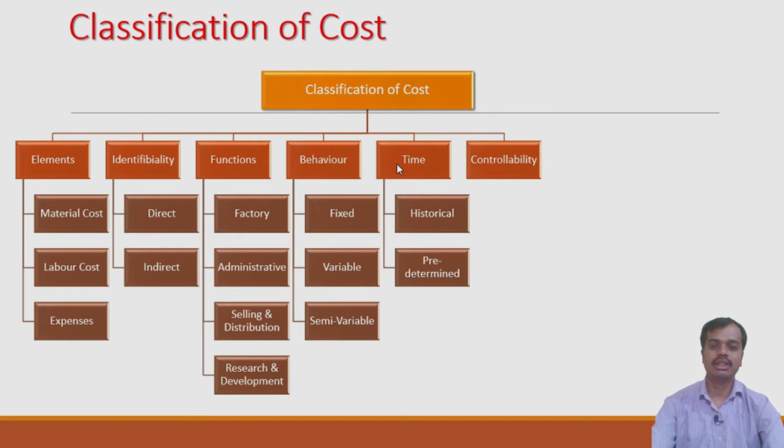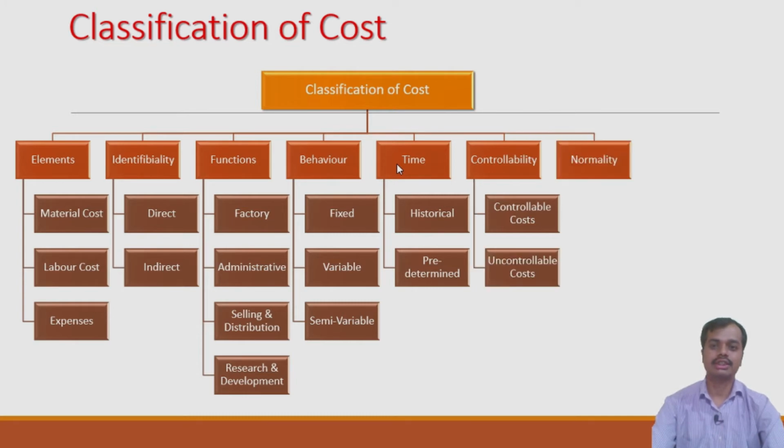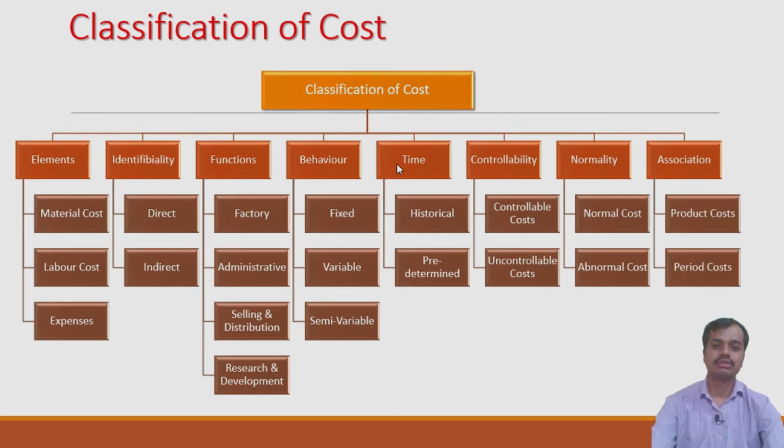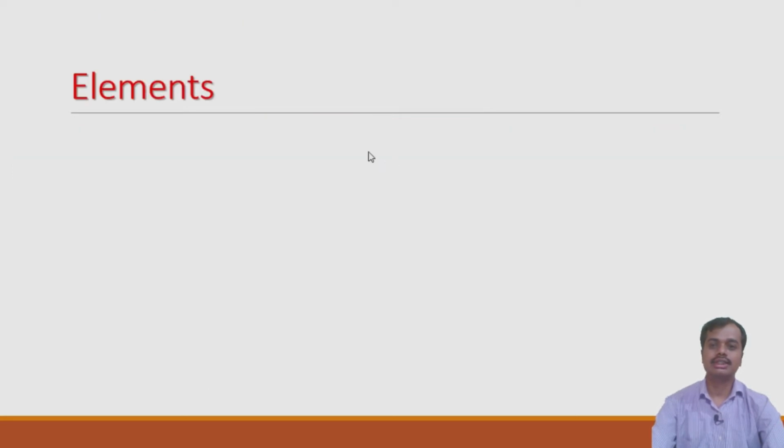Under controllability, controllable cost and uncontrollable costs. Next is normality. Under it, normal cost and abnormal cost. And the last basis is association. Under association, product cost and period cost. Let's see one by one.